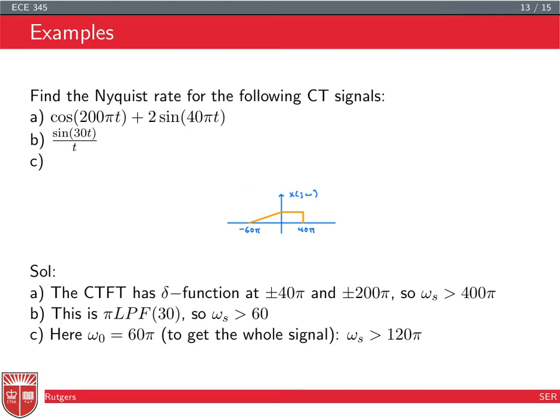So maybe the importance of this example is that you want to find the maximum frequency on both sides, because if you answer 40 pi, then when you shift this with omega s, if it's equal to 80 pi, then you're going to create some overlap. So this is why you want to take into consideration the biggest frequency on each side, because these things are going to be shifted.